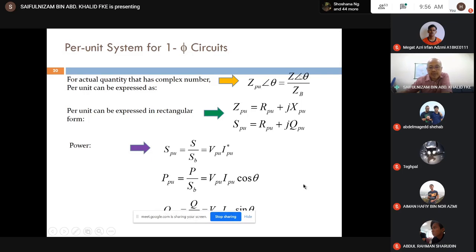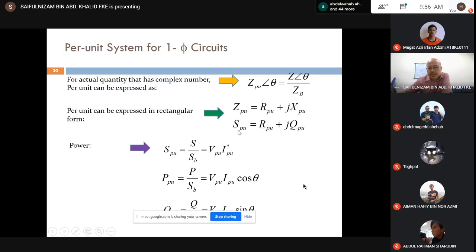The actual value divided by the base value. And here the Z is expressed in rectangular form, for reactive impedance, Z per unit equals R per unit plus jX per unit.